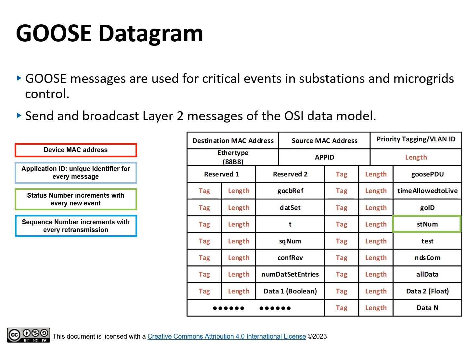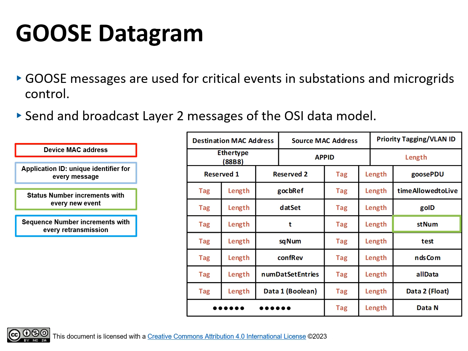Go ID, ID of the publishing IED. T, the timestamp indicating a new Goose event. stNum, the counter that increments with every goose event, sqNum, the counter that increments with every repeated goose event. Test specifies a message is intended for testing.